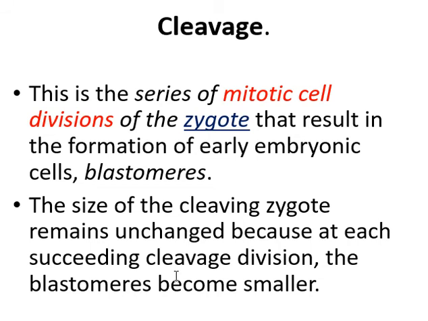So the succeeding cells of the blastomeres become smaller to accommodate themselves in the unchanged size of the zygote. So cleavage is the series of mitotic cell divisions of the zygote.